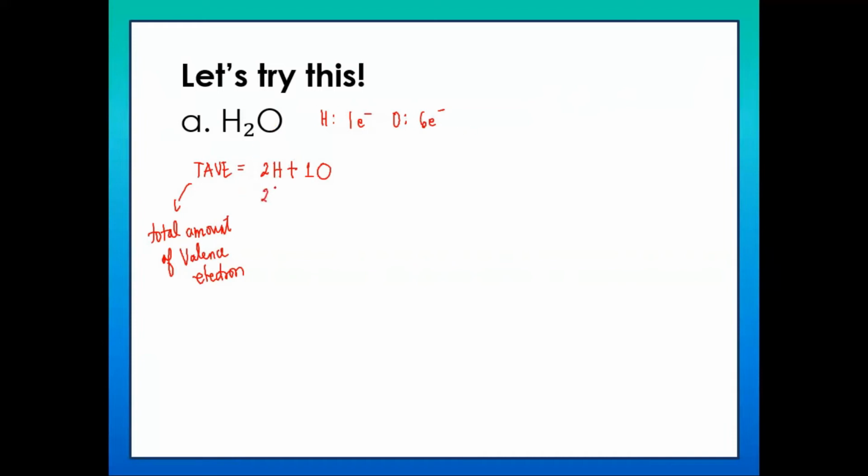So 2 times 1, where the 1 comes from the valence electron of hydrogen, plus 1 times 6, where the 1 is the subscript of oxygen and you substitute the 6, the valence electron of oxygen. Just multiply: 2 times 1 is 2, plus 1 times 6 is 6, and you have 8. This is your total amount of valence electrons.